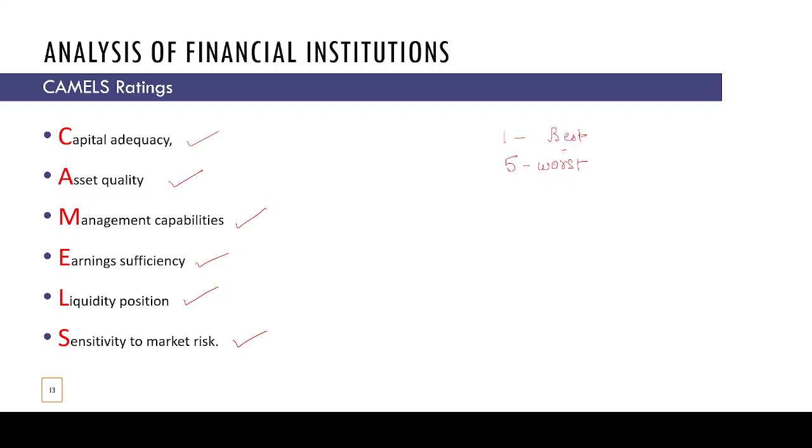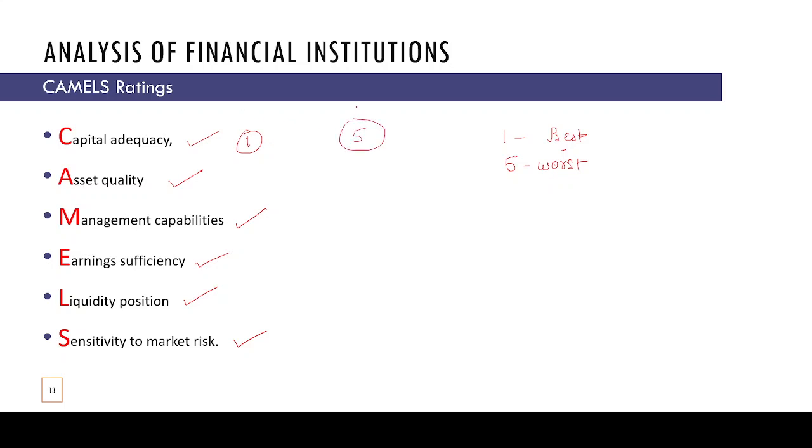So if a bank has sufficient capital to absorb losses, then this capital adequacy component would maybe be assigned a rating of 1, which is the best. And if the bank does not have sufficient capital, say if the bank's capital is very small in proportion of its risk weighted assets, then capital adequacy may be assigned a rating of 5, and that's the worst.